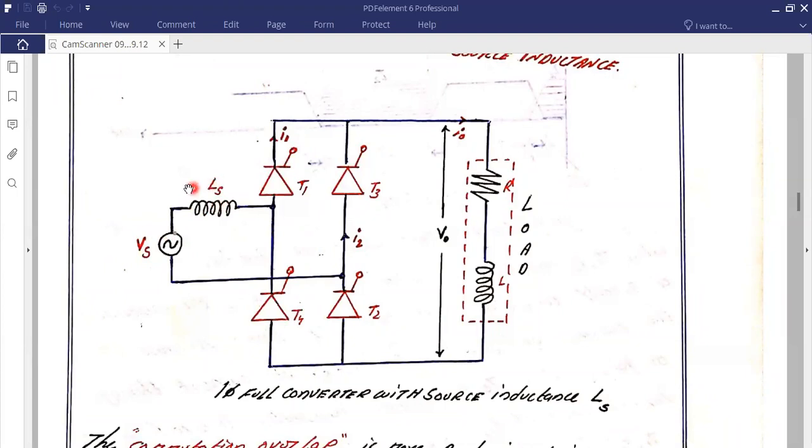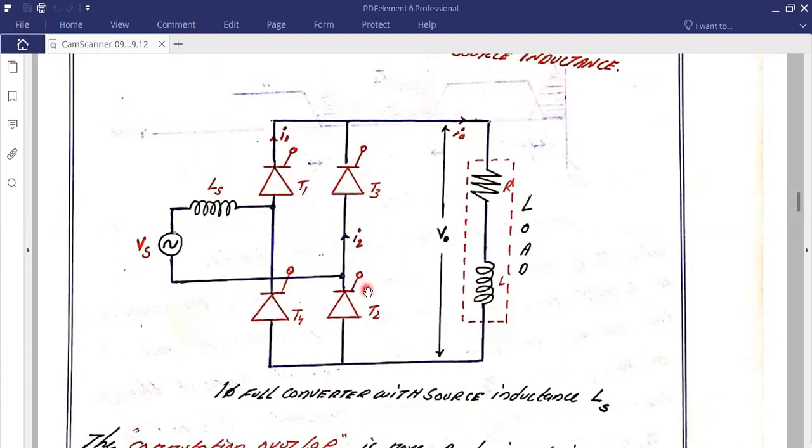But whenever you consider the source inductance, due to this source inductance, the current will never rise instantaneously. It is going to have a gradual rise. Due to this gradual rise, the current from the incoming pair of devices and the outgoing pair of devices is also going to change gradually.